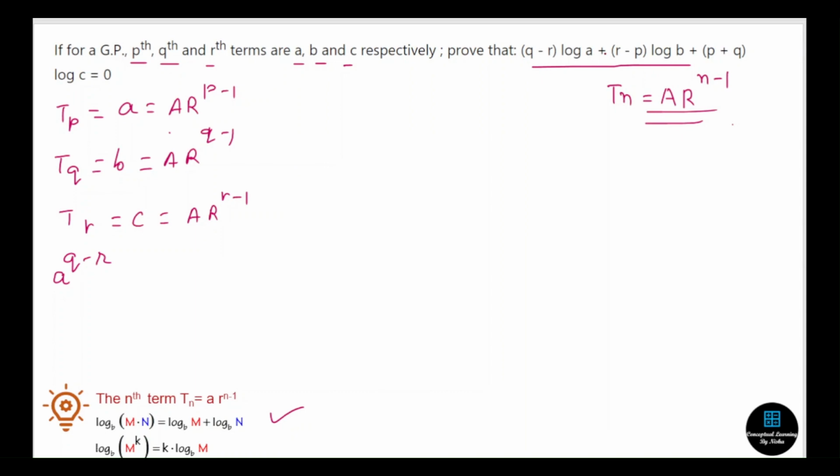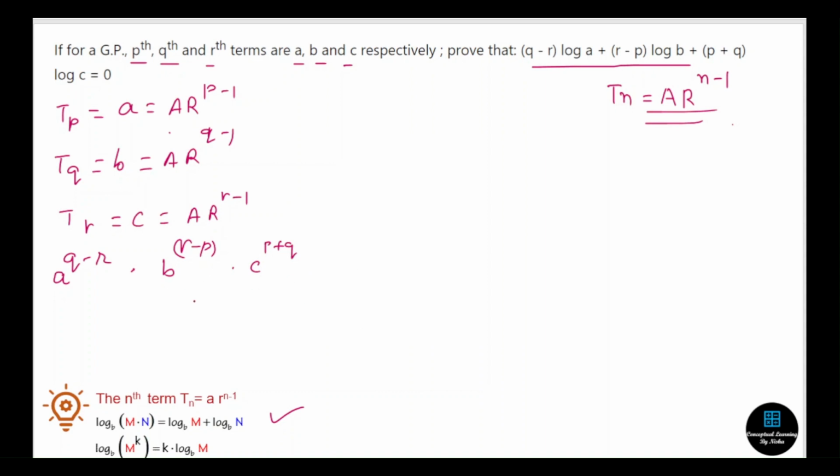Now as this is the plus sign with logarithms, I have to apply the product rule also, so into b to the power r minus p, and c to the power p plus q. So I hope you understood that we applied the product and the power rule of the logarithms.